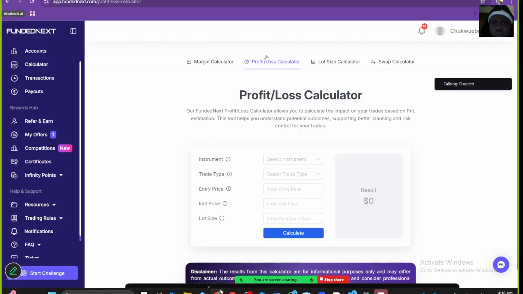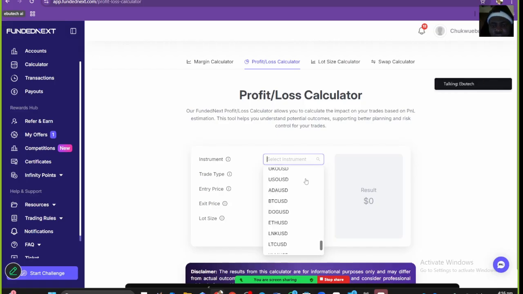Once you click on profit stroke loss calculator, you come in here, you see instrument. You come down here, you see instrument. You now search for the particular one, US30.